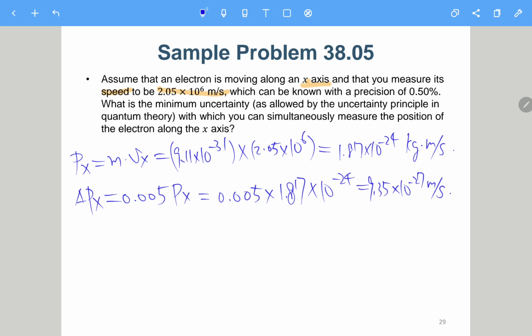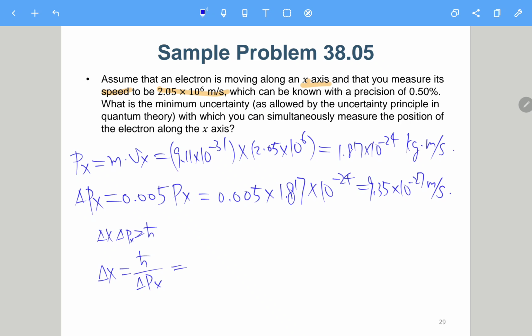Okay, so I'm still using delta x delta p larger than or equal to h bar, but it doesn't really matter. So we have delta x equals h bar over delta px, something like this.